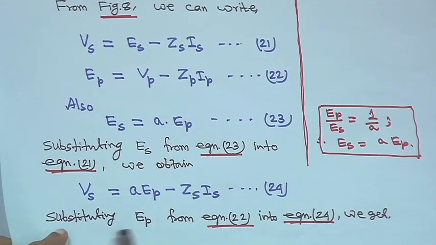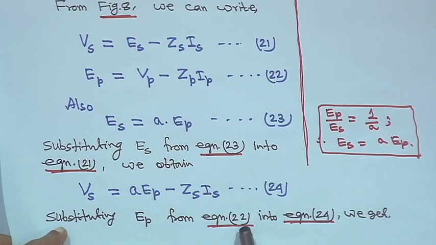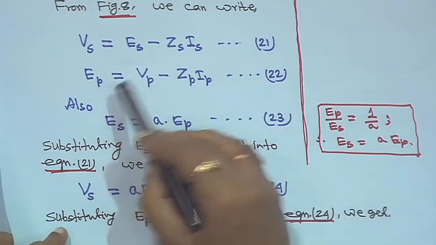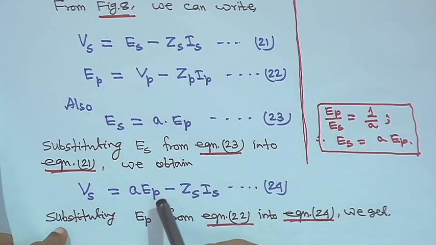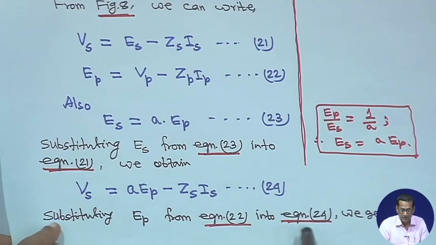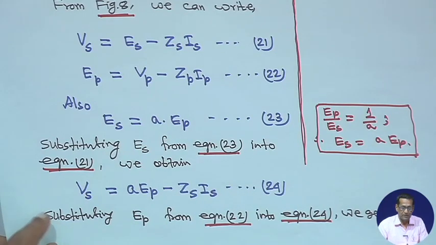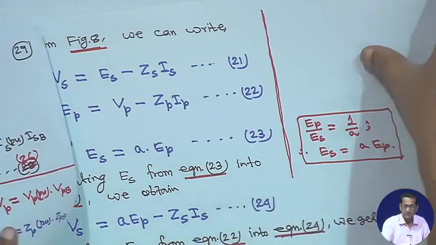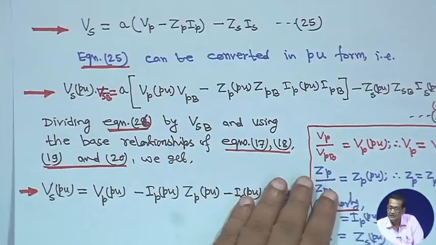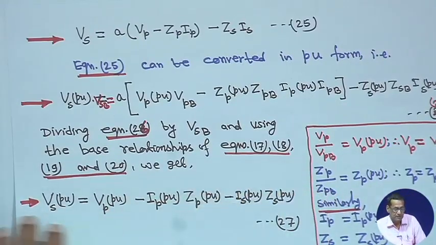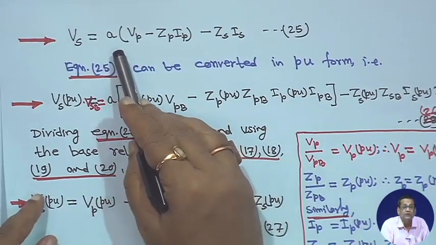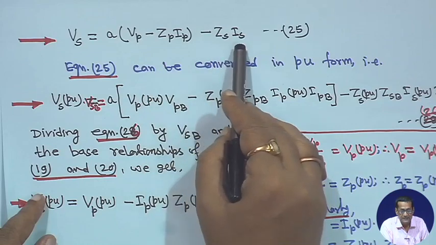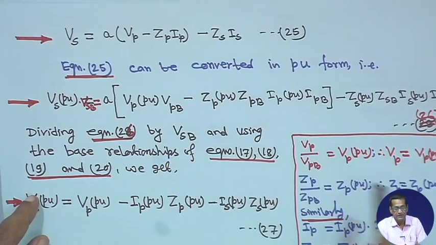Now substituting EP from equation 22 into equation 24, then what you will get is Vs is equal to A into Vp minus Zp Ip minus Zs Is. This is equation 25.